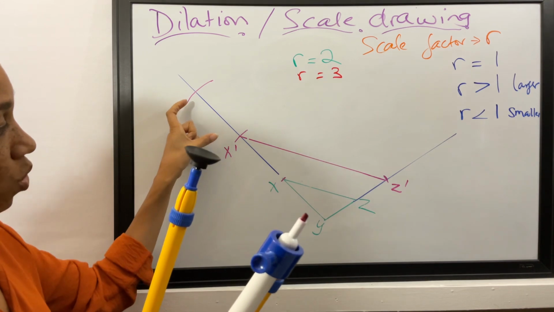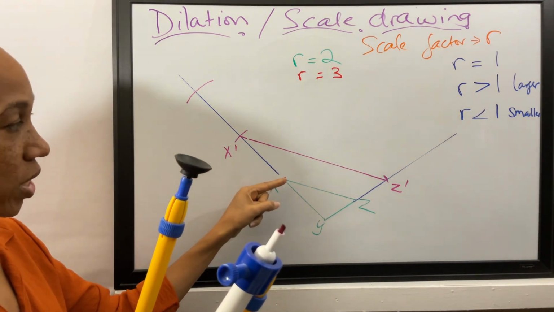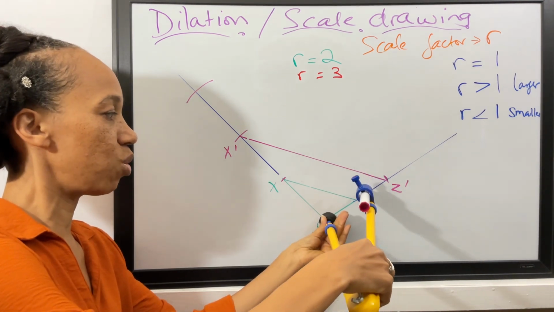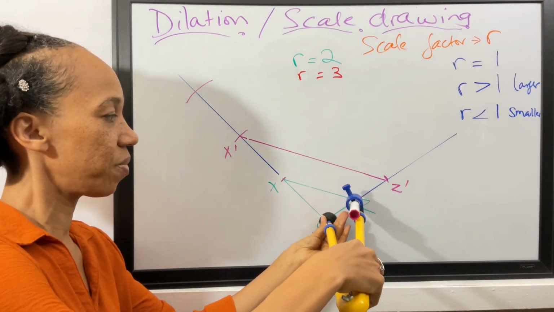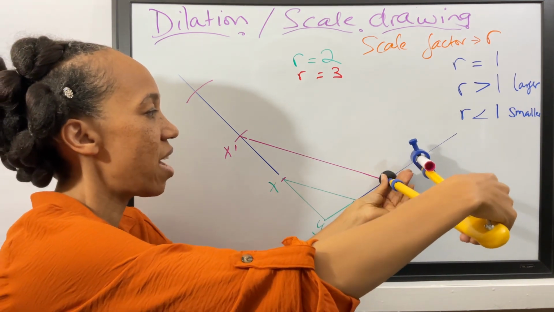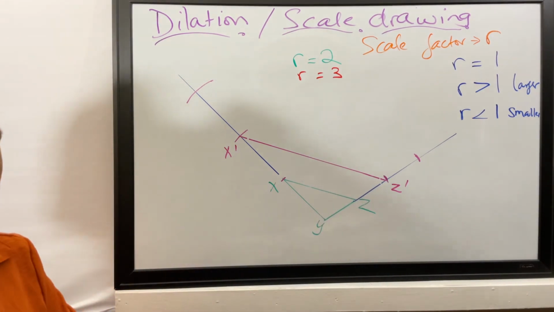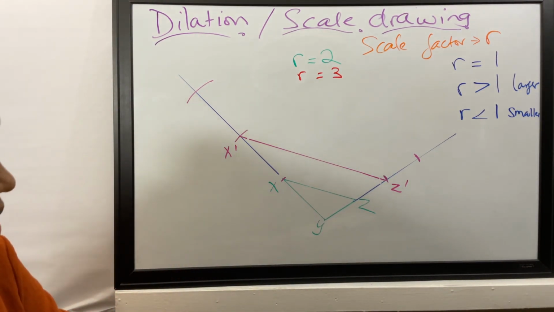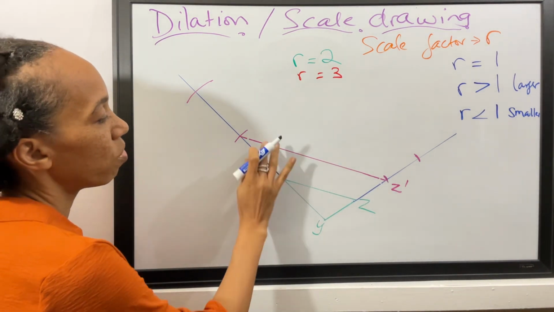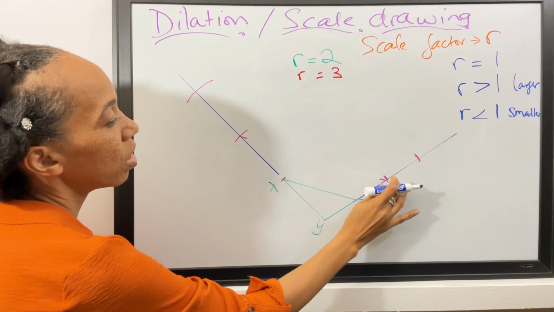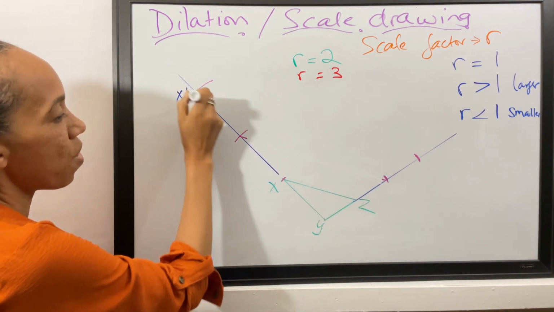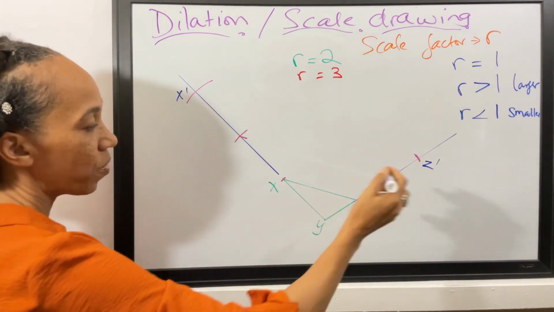So you have 2 arcs from your endpoint here, okay? And then you do the same thing for the other segment. I go to YZ. I get my Z, I place my pointer here. I need my next arc right there. I don't need the other one, because remember now I'm doing r equals 3. So I'm going to label this as X prime and Z prime. Okay?